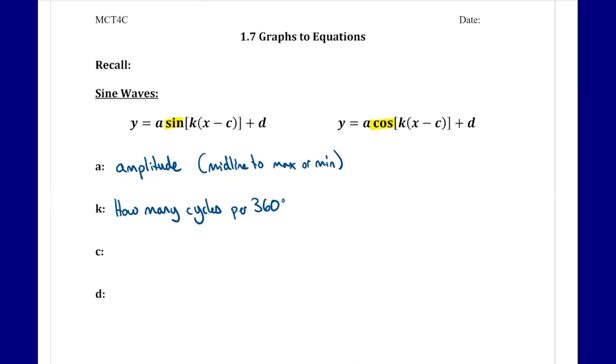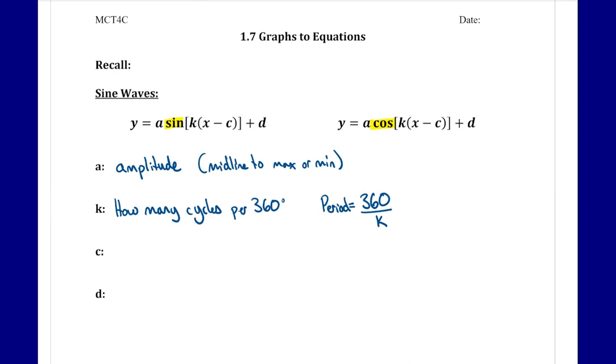So how many cycles there are going to be of our wave for every 360 degrees. And there was a way to tell using the k value how long our period was. In this case, it was 360 divided by k equals our period, or the period length. So again, that's going to tell us how long each cycle is.